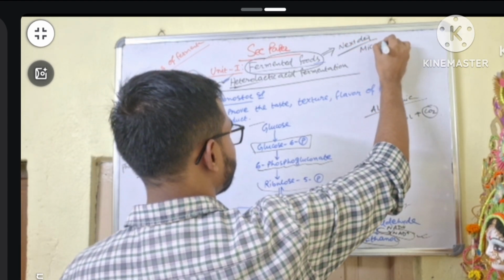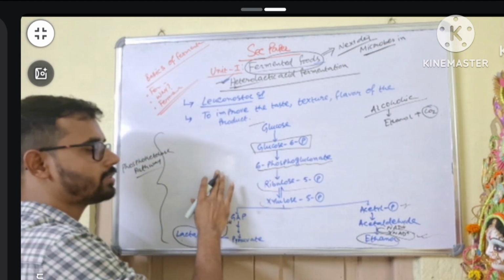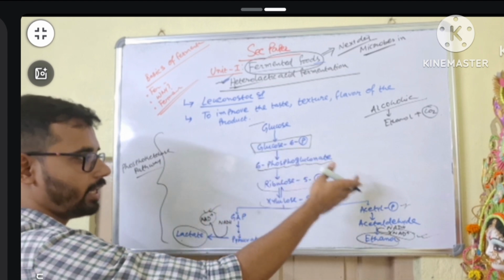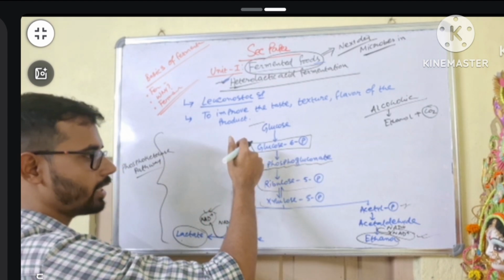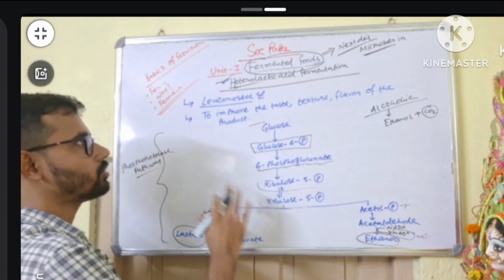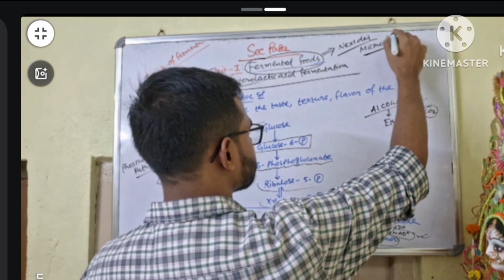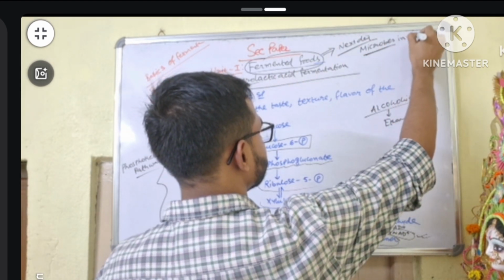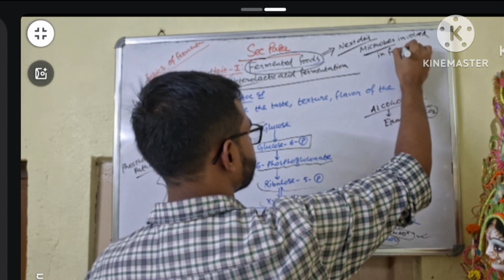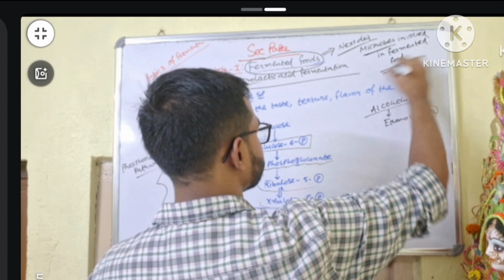We saw in this session microbes, that means bacteria, lactic acid bacteria, and in alcoholic fermentation yeast is also involved, and there are other bacteria and other microbes also involved, and that will be discussed in the next class. Microbes involved in fermented food production, next day.